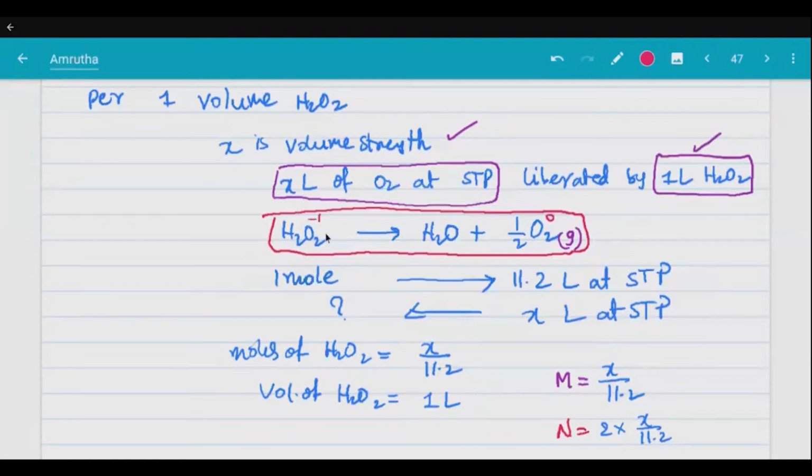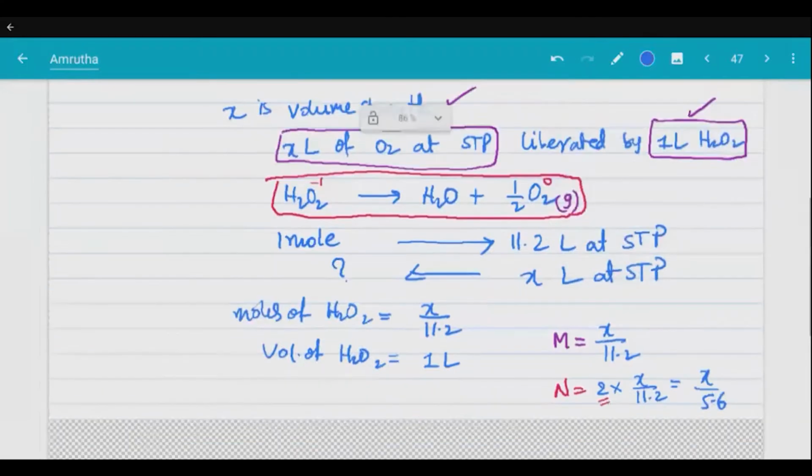So if it goes from -1 to 0, 1 electron lost. But 2 oxygen atoms, 2 electrons are involved. So this is why I am multiplying: normality is equal to 2 into X by 11.2, so that I can say X by 5.6.